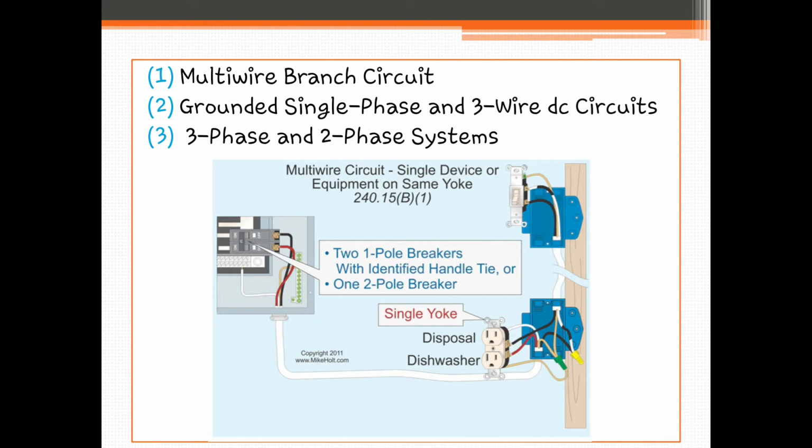So in grounded single-phase and three-wire DC circuits, individual single-pole circuit breakers with identified handle ties shall be permitted as the protection for each ungrounded conductor for line-to-line connected loads for single-phase circuit or three-wire direct current circuits. Lastly is a three-phase and two-phase system. Branch circuit that supplies two-phase and three-phase line-to-line loads on system not exceeding 120 volts to ground.